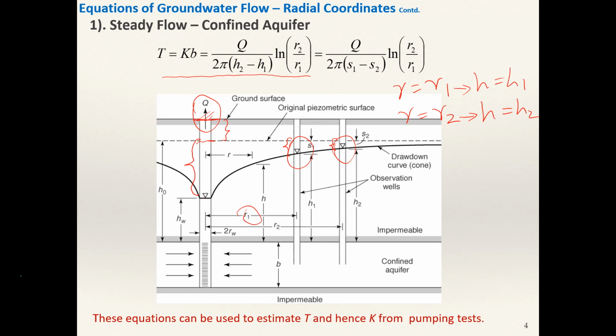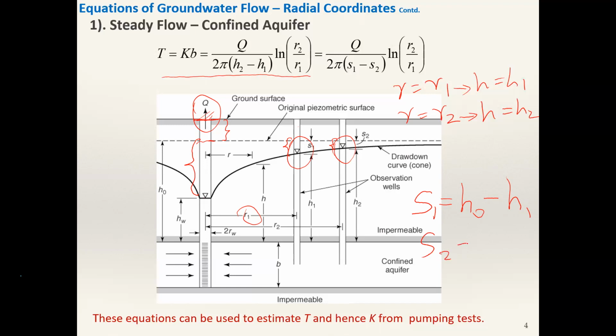Right? So that now you can see this, let's say S1, simple S. All right? We use simple S for the drawdown. Simple S1 you can write, that is H0, the original groundwater flow head, minus H1, that is S1.